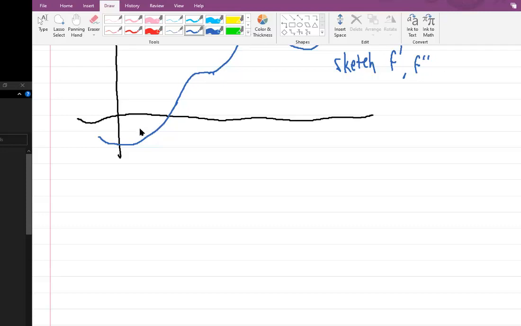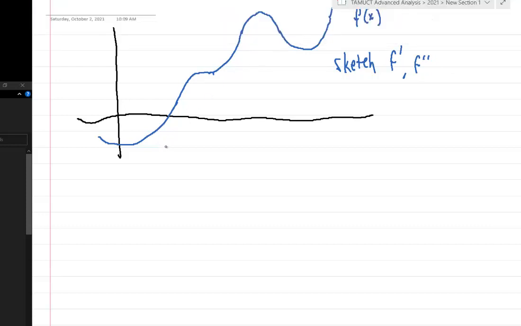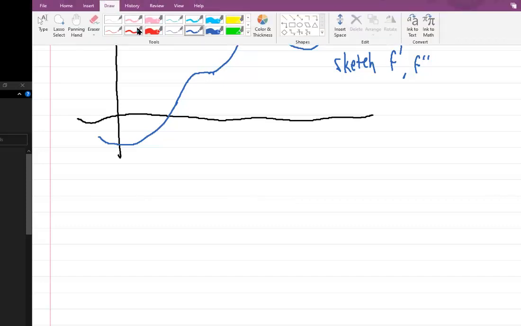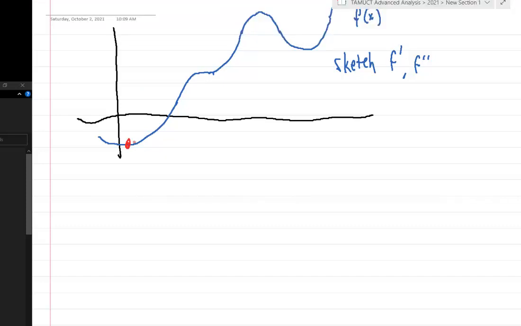First of all, let me identify some important points here. If you want to identify important points, first you should identify minima and maxima. Here I have a minimum. This is a minimum here.